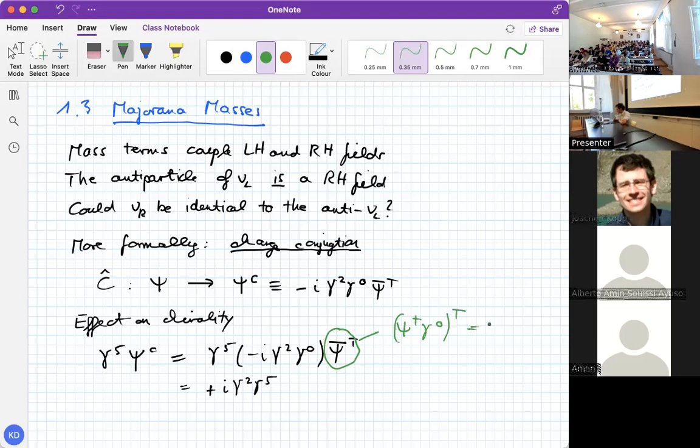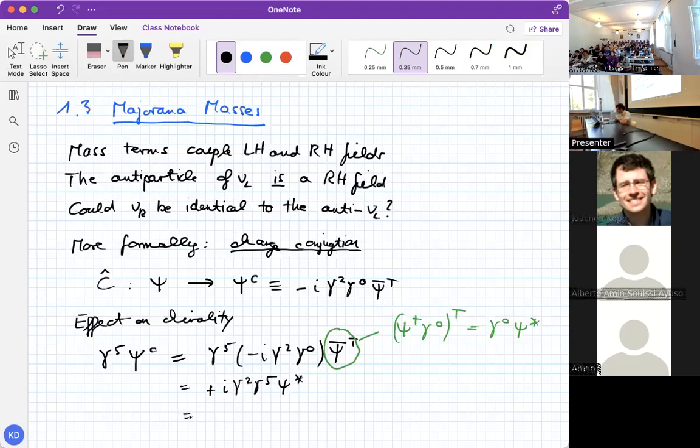So we can write this as gamma 0 times psi star. And now there is one gamma 0 here in black and one gamma 0 here in green, but gamma 0 times gamma 0 is the unit matrix. So I can simply drop this gamma 0 and put a psi star here.